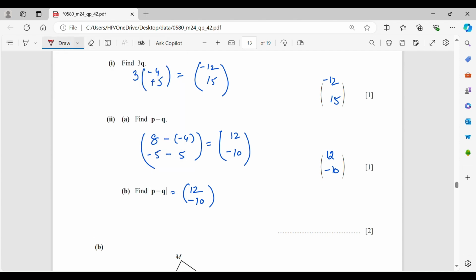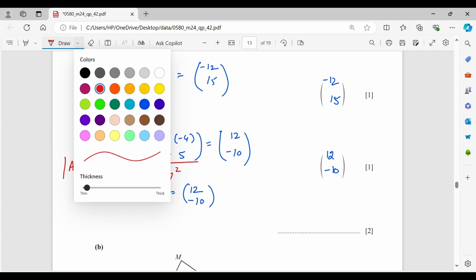So if modulus of AB is equal to (x, y), then this will be equal to root of x squared plus y squared. So here we will use the same formula.